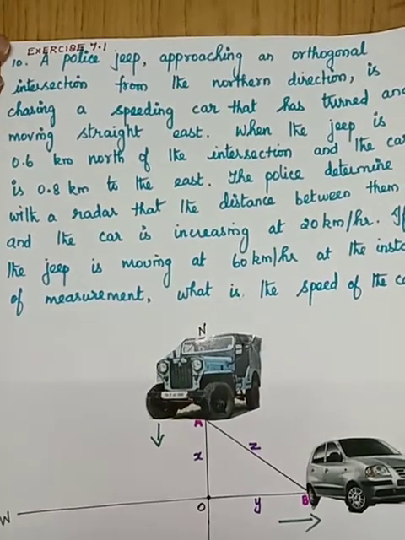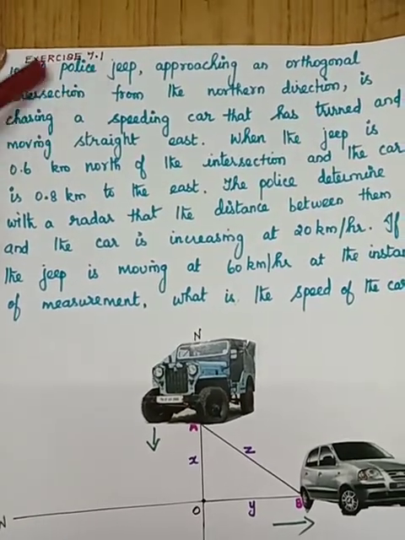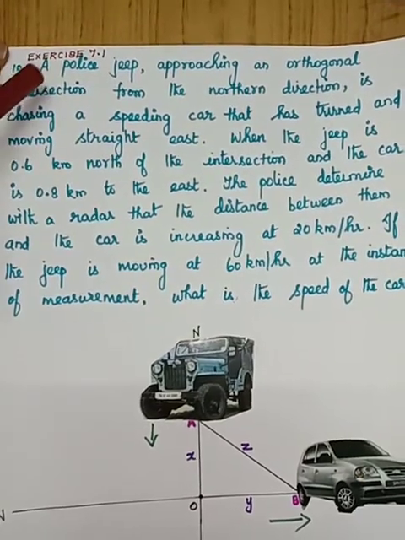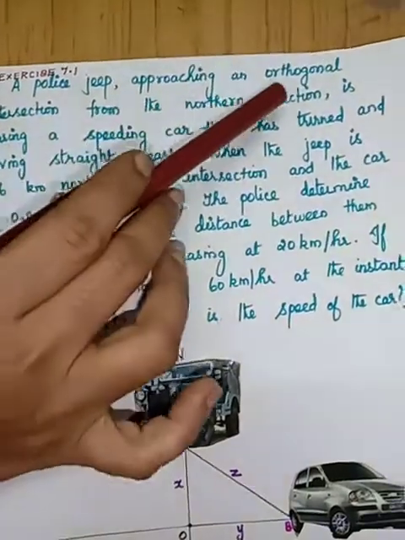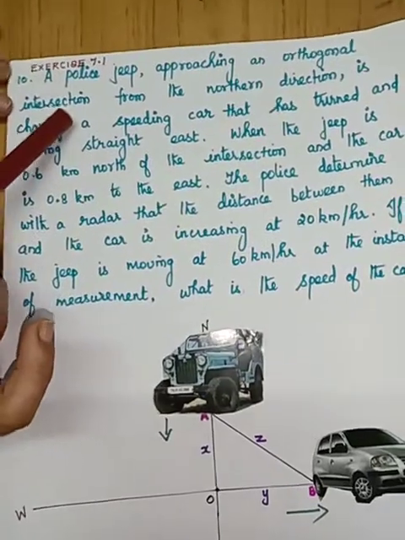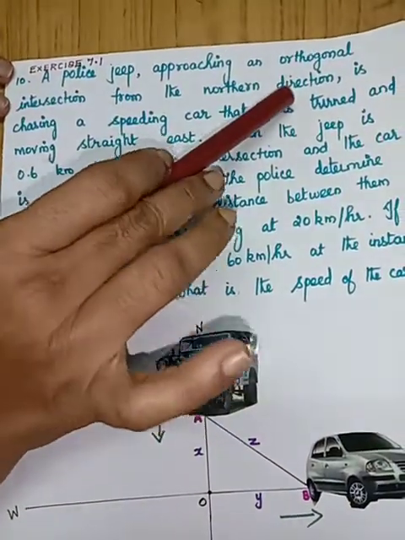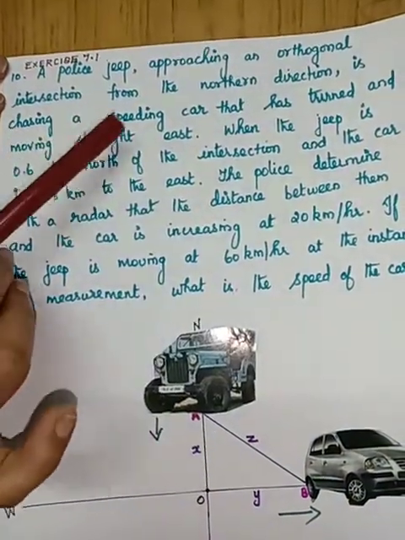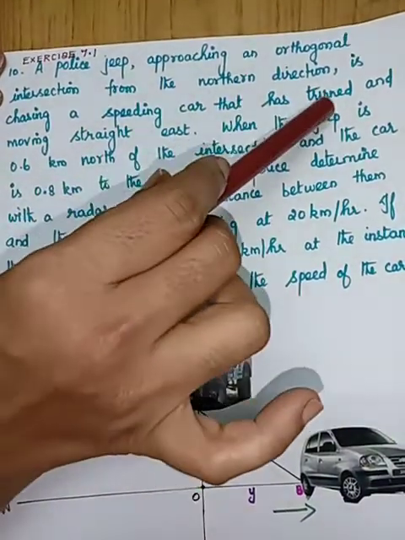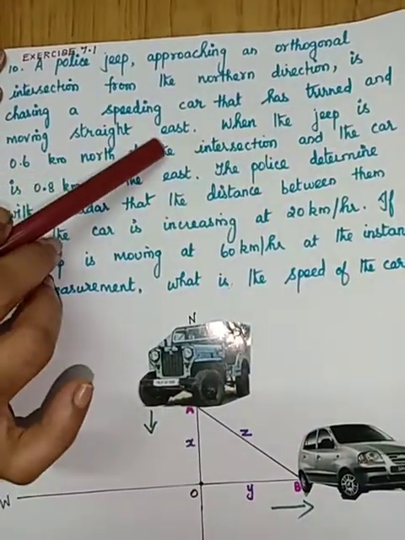Good morning, students. Exercise 7.1, 10th problem. A police jeep approaching an orthogonal intersection from the northern direction is chasing a speeding car that has turned and is moving straight east.